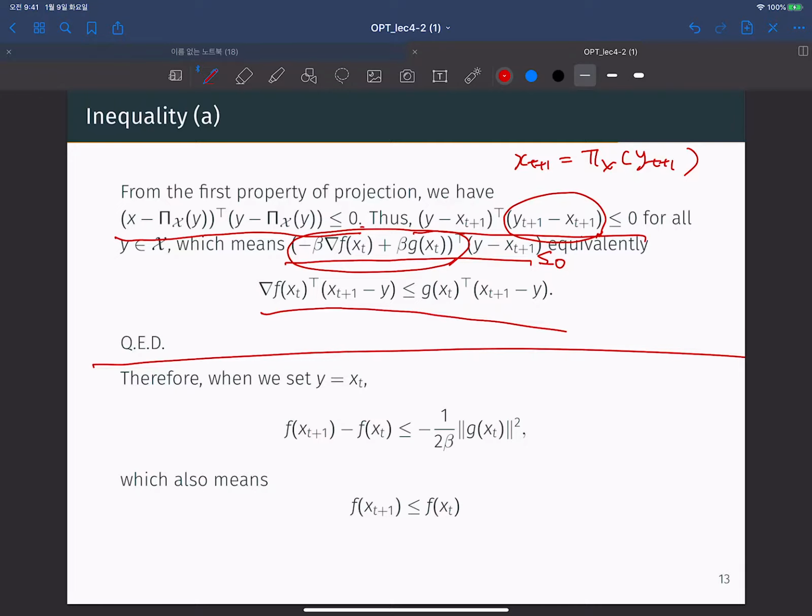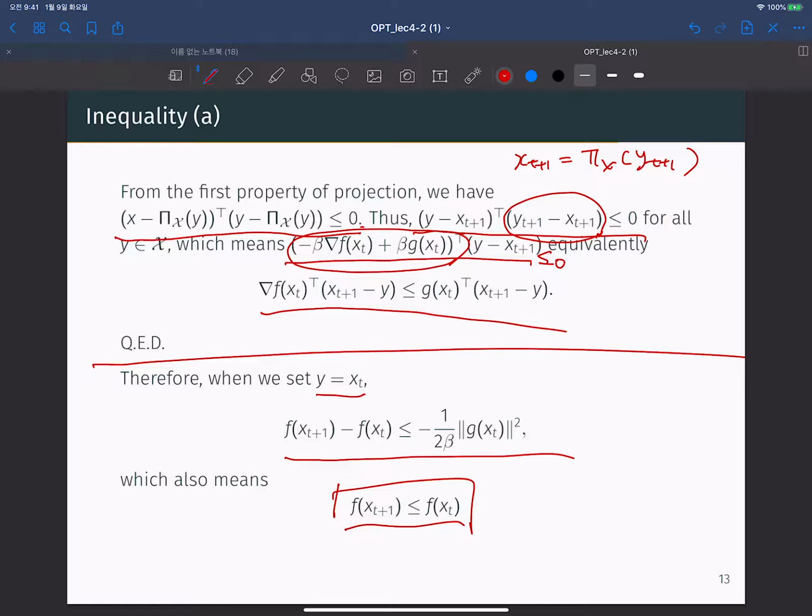And from this lemma, when we set y equal to x_t, then we have this inequality: f(x_{t+1}) minus f(x_t) is less than or equal to minus 1 over 2 beta times the norm of G(x_t) squared. So again, we can say that f(x_{t+1}) is less than or equal to f(x_t). We can guarantee this.